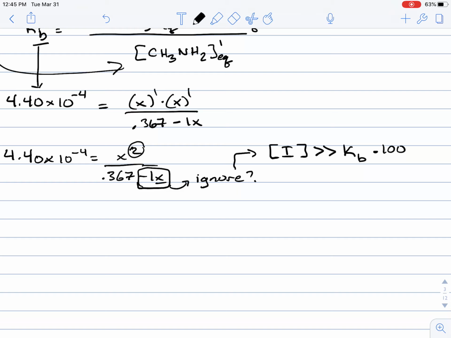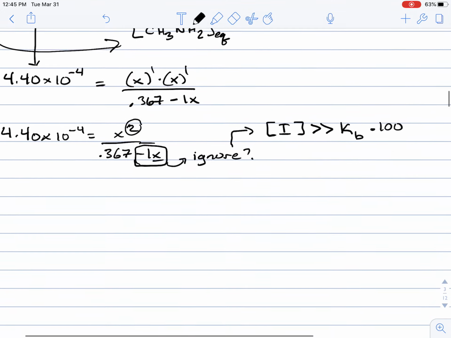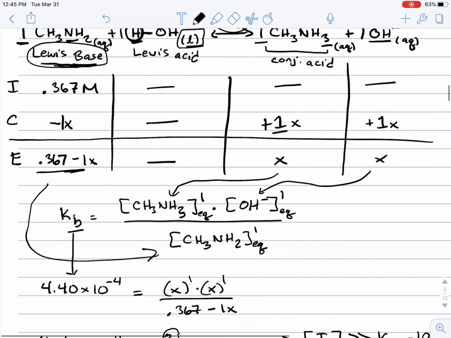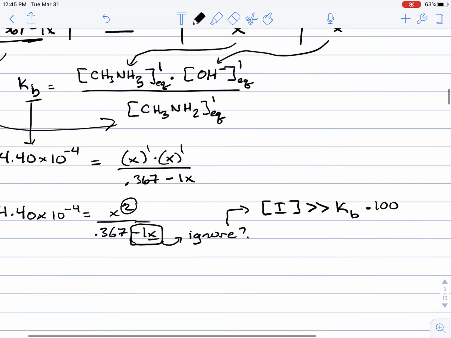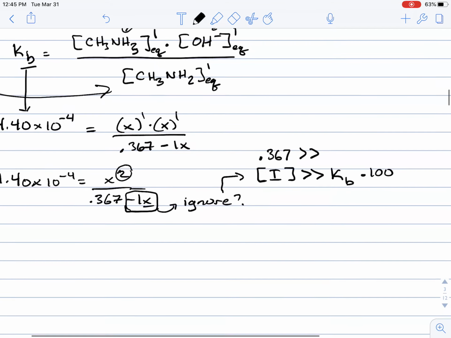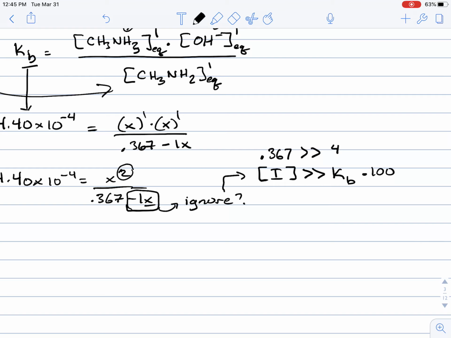If the order of magnitude is 1 between the initial concentration and Kb, you will probably have to perform the quadratic equation. And so the initial concentration is going to be 0.367, and the Kb value is going to be 4.40 times 10 to the negative 4 times 100.